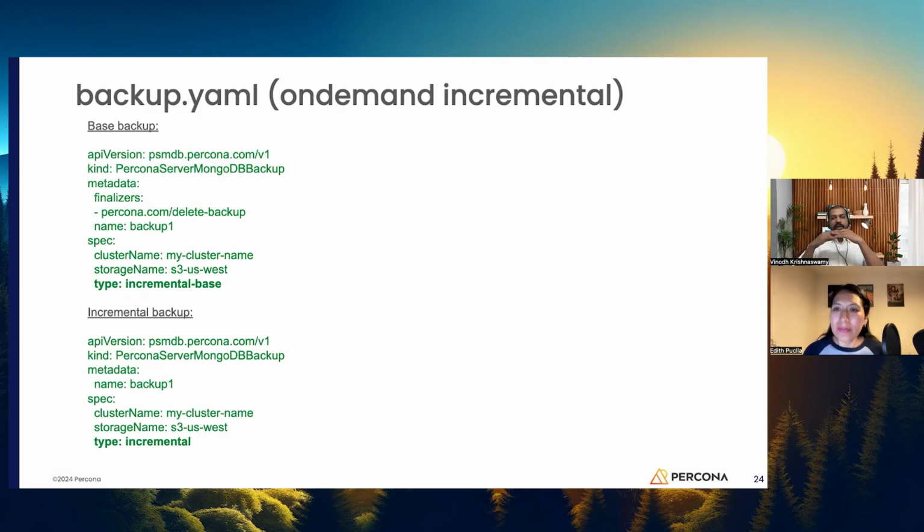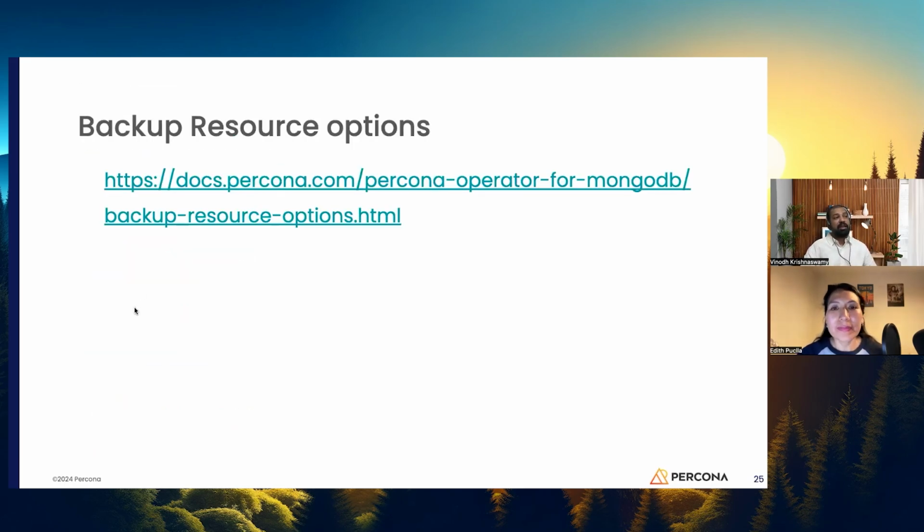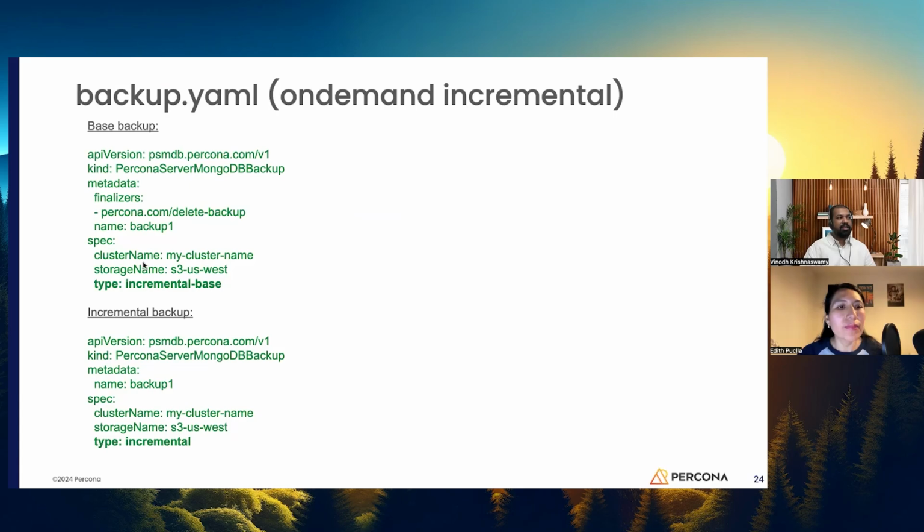For example, if you take a base backup and a first incremental, the second incremental will find the base backup as well as the first incremental. After that, it will copy the oplogs from the first incremental until the time we take the second incremental backup.